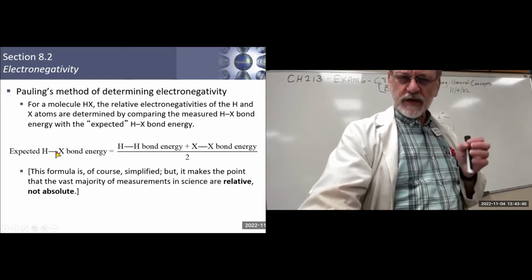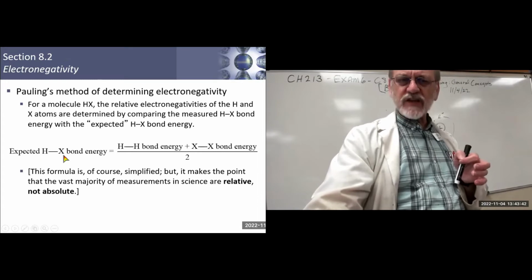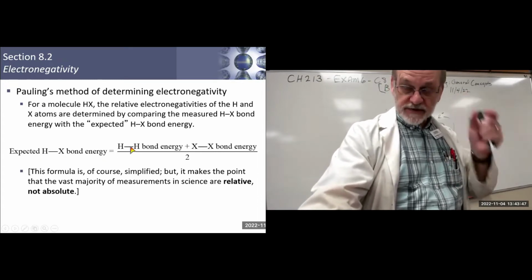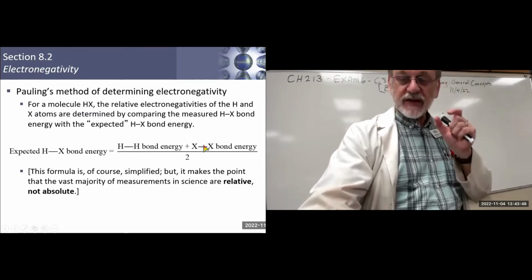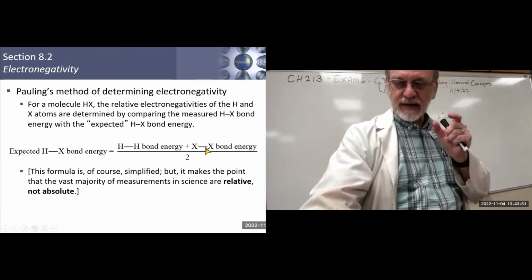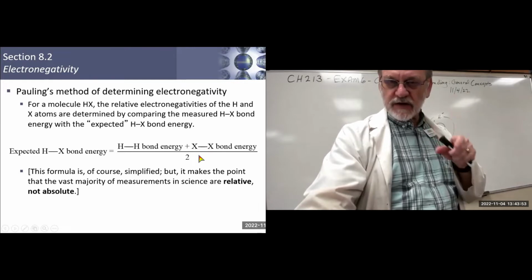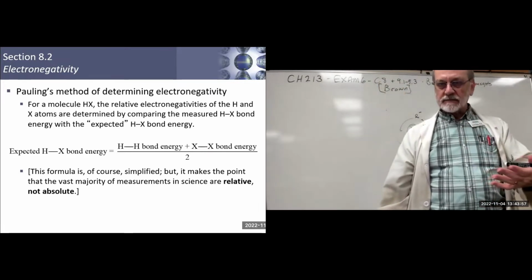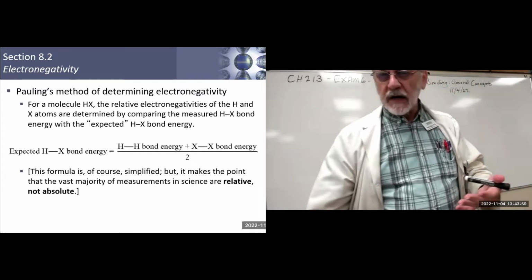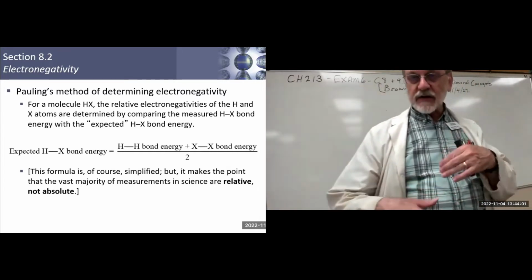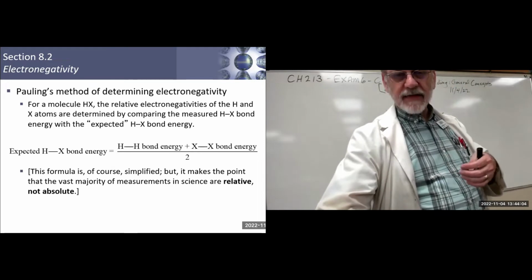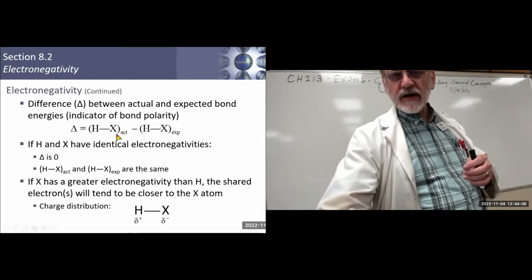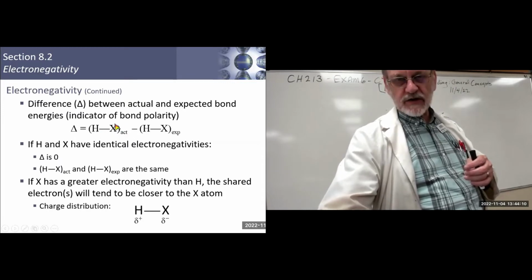So if we want to know the expected bond energy of H with X, we need to know the bond energy of H with itself, HH, and X with itself, XX. You add those bond energies together and divide by 2. That would be the expected bond energy of the HX bond. And then you compare that to the actual measured bond energy.